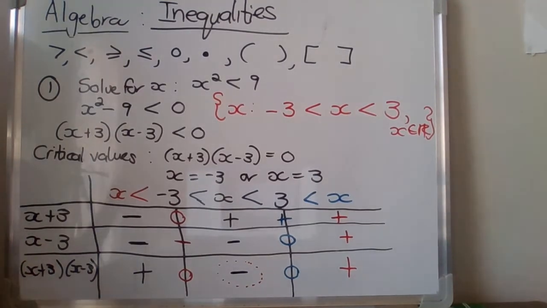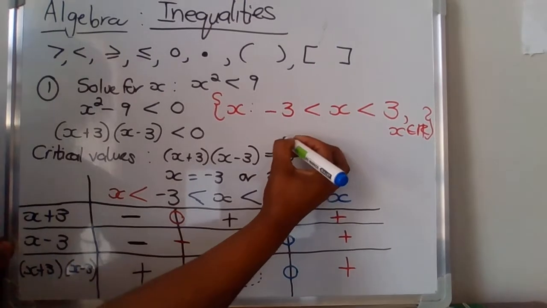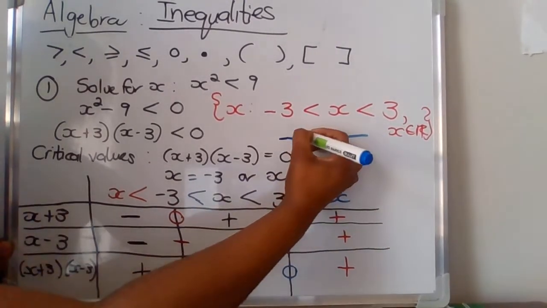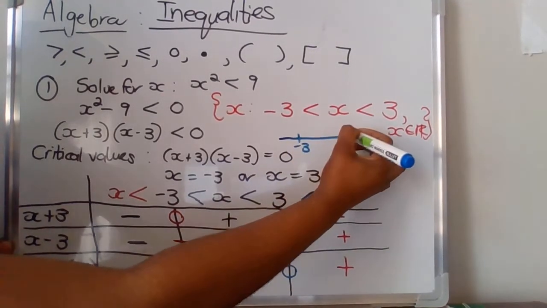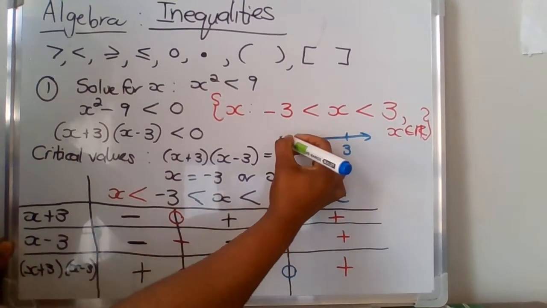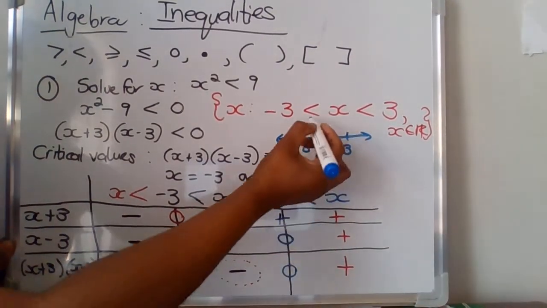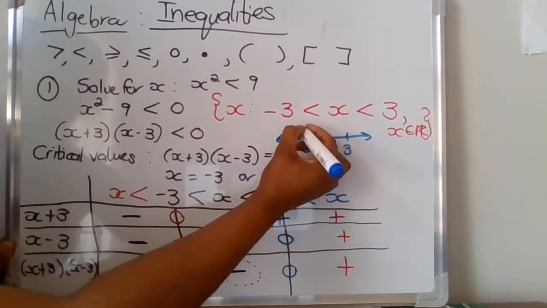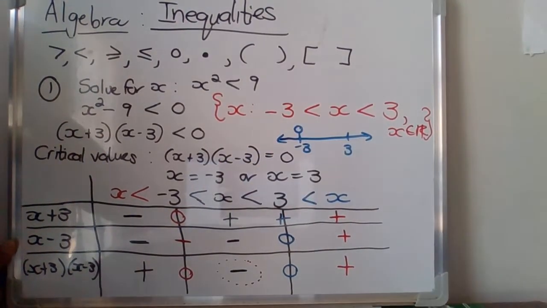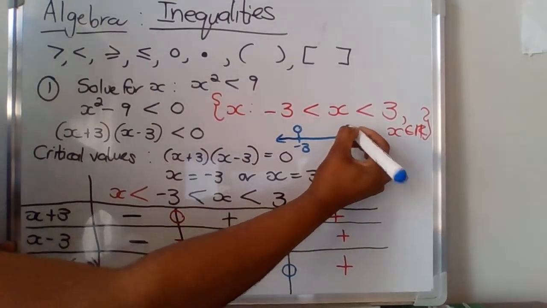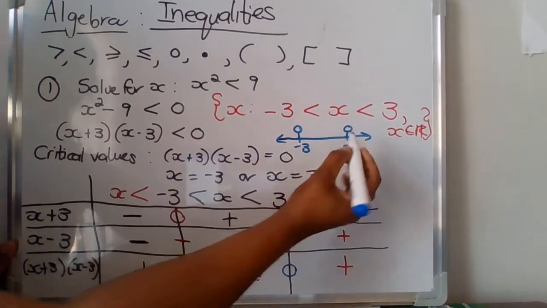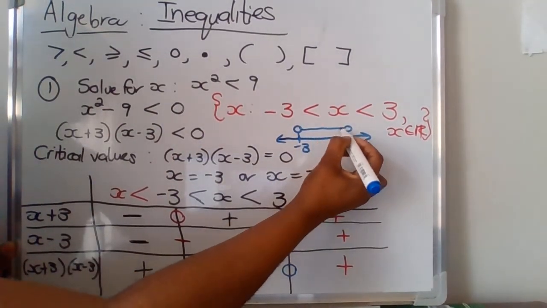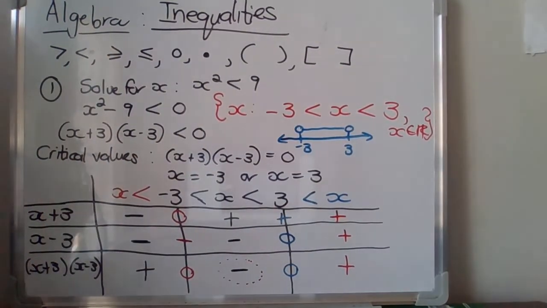If I was to draw it on a number line, then between minus 3 and 3, my x value is less than, it's not equal to minus 3, and it's also not equal to 3. So that's why I have the open circle. My number line would look like that.